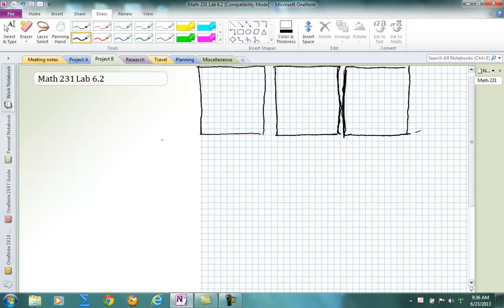You have the manipulative cards in your packet, but I like to use graph paper and draw computation. I think that the students can see a little bit better, or as you're setting up your stations in your classroom, this might be a station that you have along with the use of the manipulative cards.